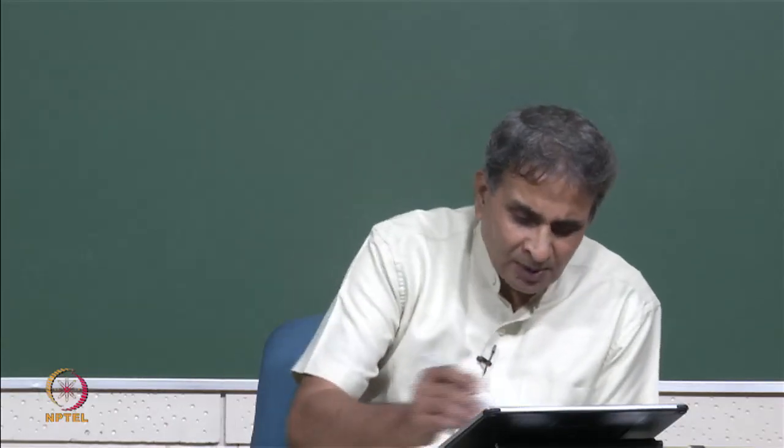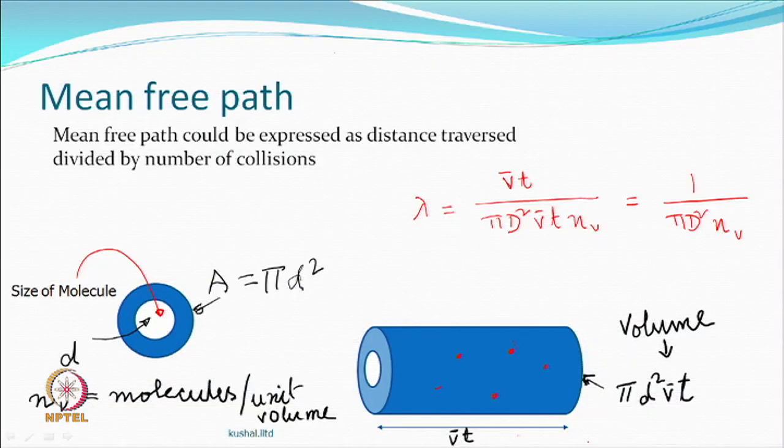which means this is 1 by pi d square. I am sorry, I have used D sometimes capital. Let me just make all of them small. Maybe it's not working, so let me just make this small d and this is also small d, okay, right.